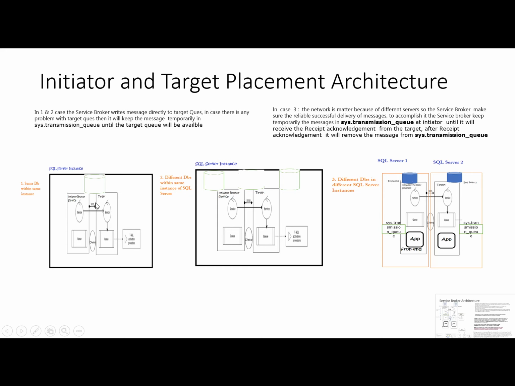Now in the first two scenarios, where the instance is the same, when the initiator service sends the message, this message will go directly to the target queue. But in the third scenario, where the servers are different, the network is involved. When the initiator service generates the message for the target service, this message will be temporarily stored in the sys.transmission_queue, which is on the initiator service broker, and it will send the message to the target queue also.